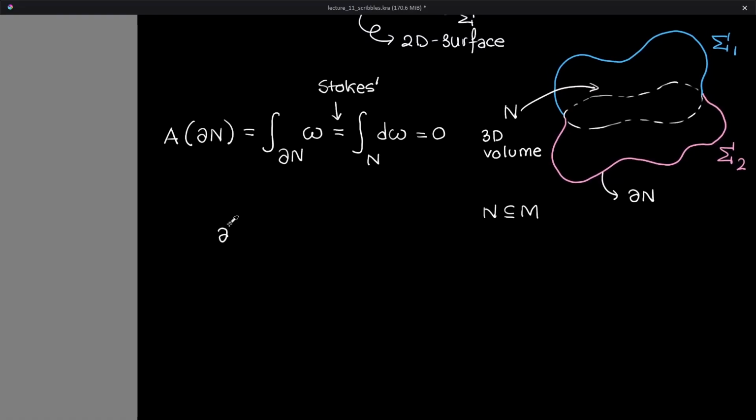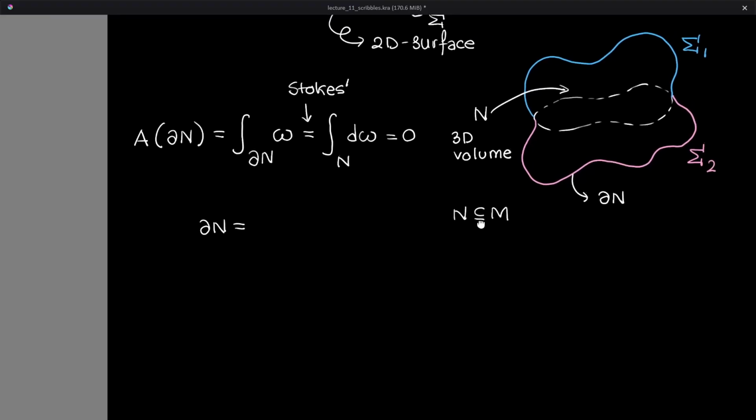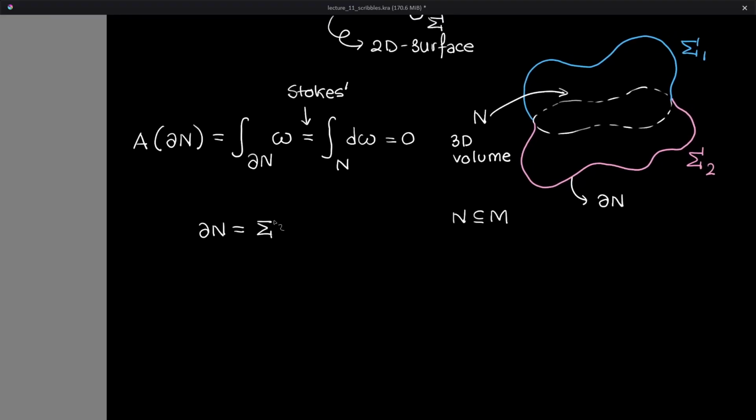This is going to be interesting because if we decompose ∂N, the boundary of N, it is sigma 1 minus sigma 2. This is not set difference; this is some surface integral notation. So what we're saying is we take sigma 1's boundary and then we subtract sigma 2's boundary, which is 0 because they have the same boundary.